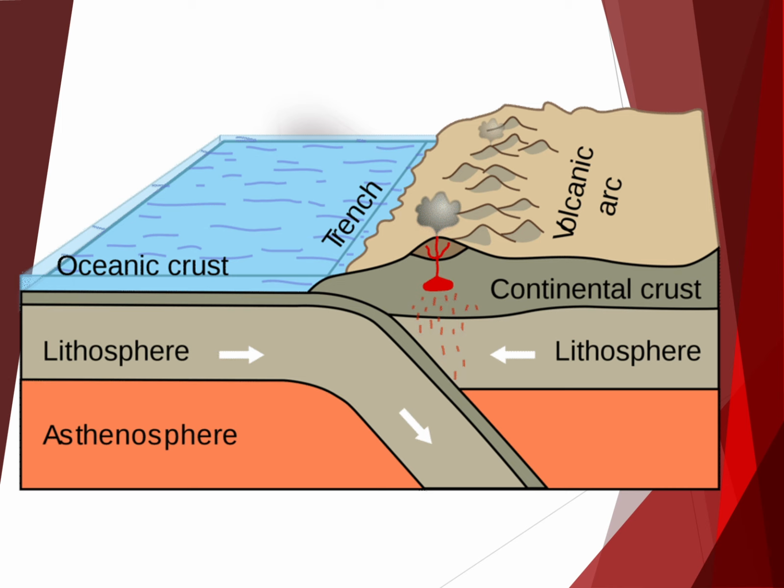Conversely, continental crust is 30 to 70 kilometers thick and composed primarily of aluminum silicate minerals. Because oceanic crust is denser, it sinks beneath continental crust at locations where they come together. The crust and the uppermost part of the mantle form the lithosphere, like we mentioned earlier, which moves across the planet's surface in large sections called plates.